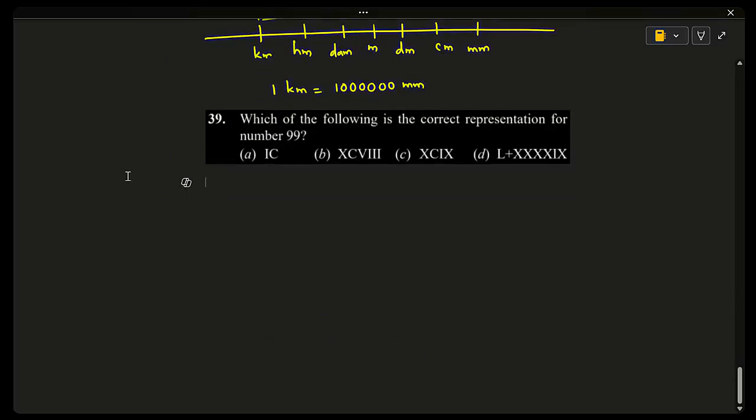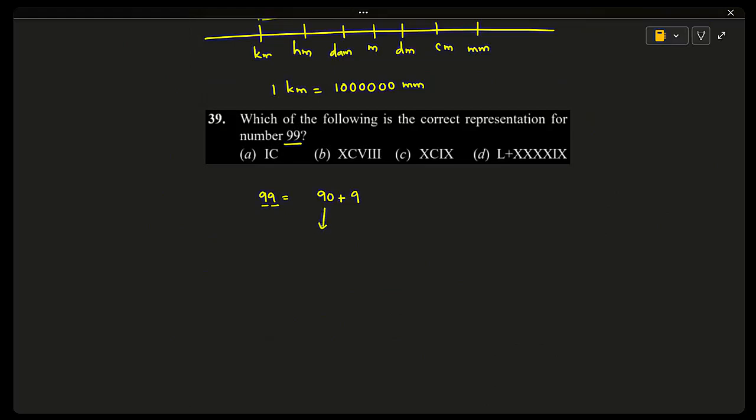39th one. Which of the following is the correct representation for the number 99? As I told you, to convert numbers into Romans, use place values. In 99, one 9's place value is 9 into 10, it is 90. Another 9's place value is 9 into 1, it is 9. This way, using place values, you will never get Roman numerals wrong.